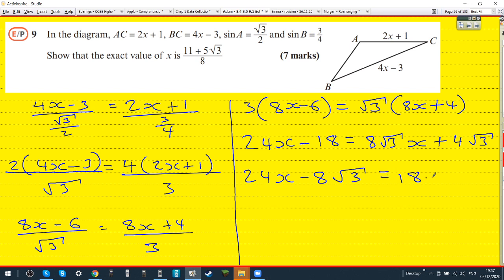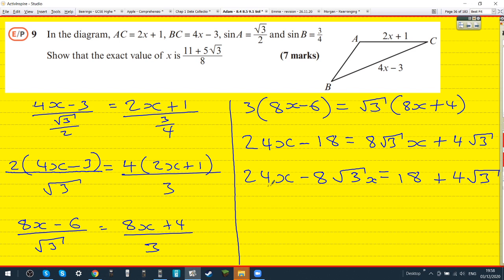So you add 18 to both sides, it becomes 24x minus 8 root 3x equals 4 root 3 plus 18.